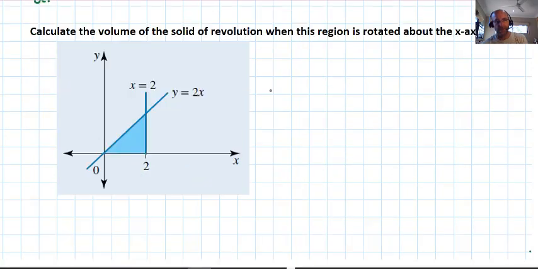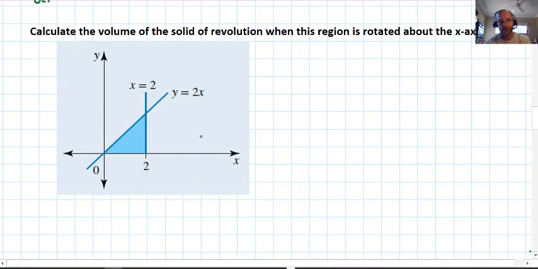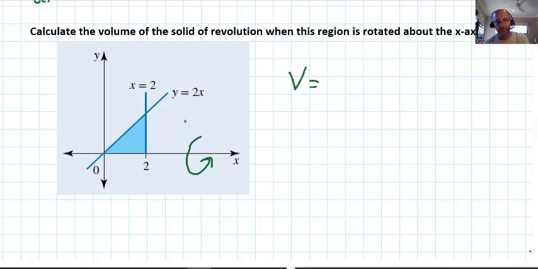So two examples where we've got a triangular shape. Okay, this region here is getting rotated around the x-axis. And what is the volume of the solid of revolution? So on this one here we need to know what the interval is, and it's between 0 and 2. It's because we have a line y equals 2x, and we can easily find that point of intersection.